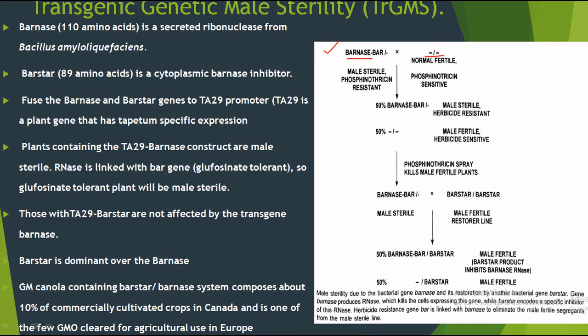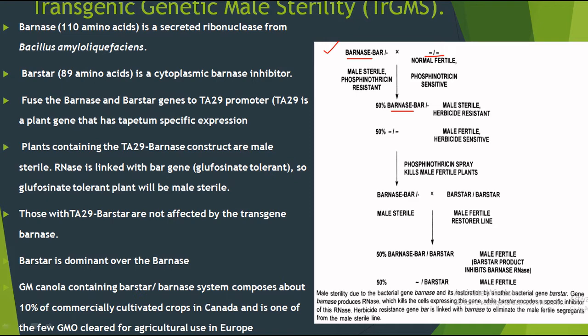So after crossing between these, we will get 50% Barnase plants. This 50% of plants will be male sterile and herbicide resistant, due to the presence of the Barnase gene. The other 50% of the population is male fertile and herbicide sensitive, as there is no Barnase gene.